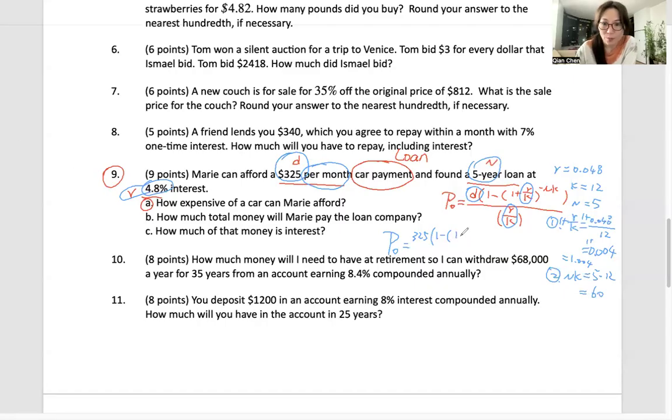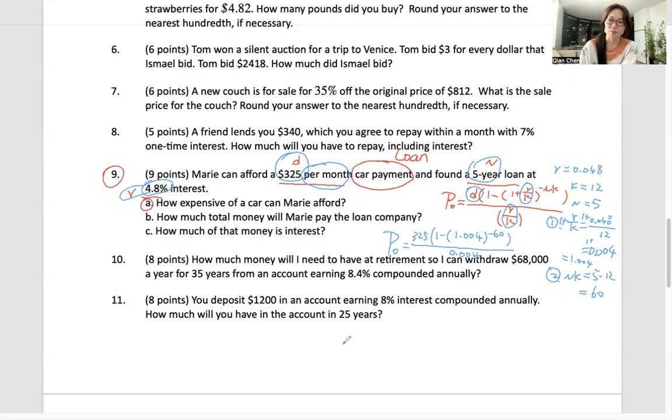We get 1.004 raised by negative, what's N times K? N times K is 60. So raised by negative 60. Close parentheses. Then divided by R divided by K, 0.004.